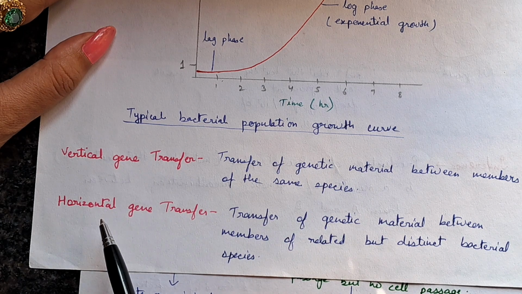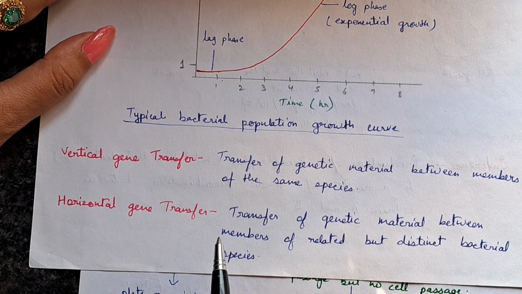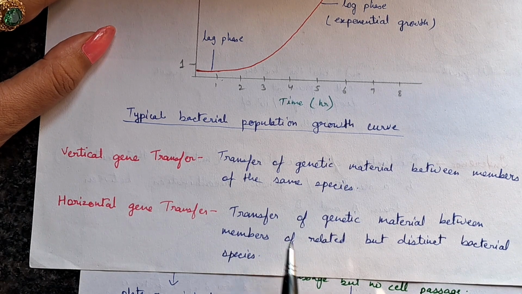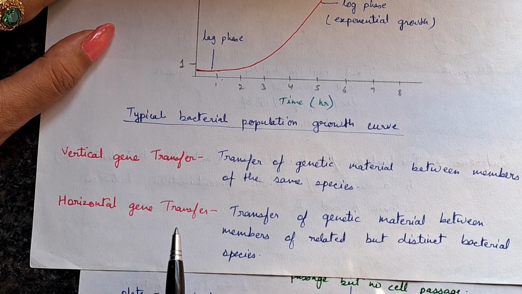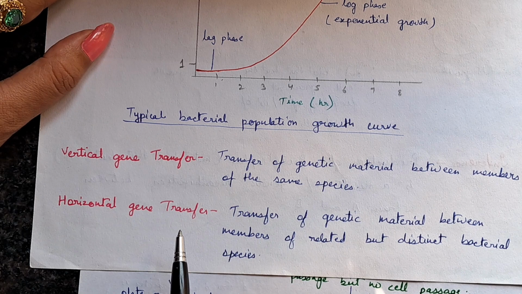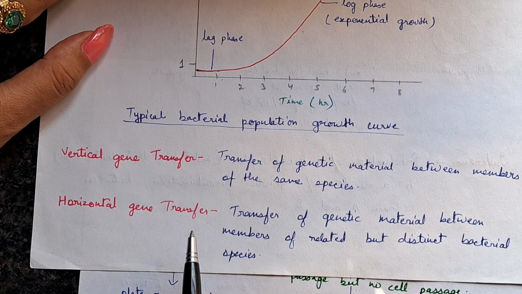Horizontal gene transfer means transfer of genetic material between members of related but distinct bacterial species. If there are distinct bacterial species, then horizontal gene transfer takes place. This kind of gene transfer is done by bacterial species through conjugation, transduction and transformation.